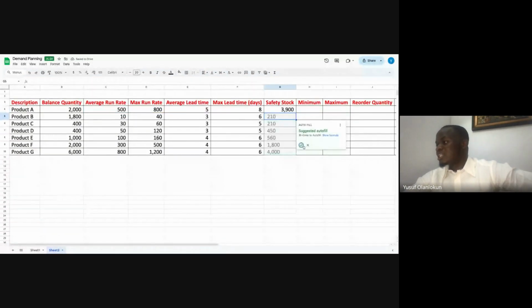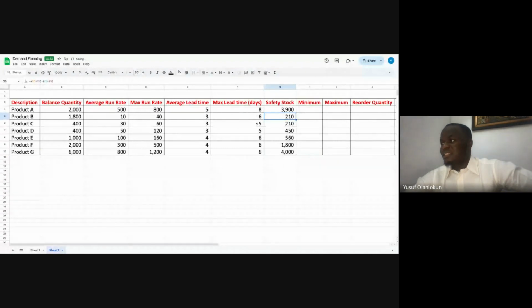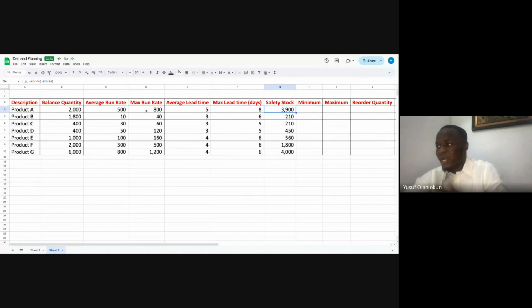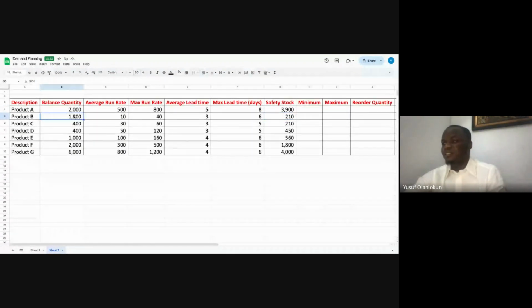So for product A, the safety stock is 3,900, and the current inventory is 2,000. Automatically, your current balance is lower than the safety stock, so you have to place an order. For product B, your safety stock is 210 and your current balance is 1,800.